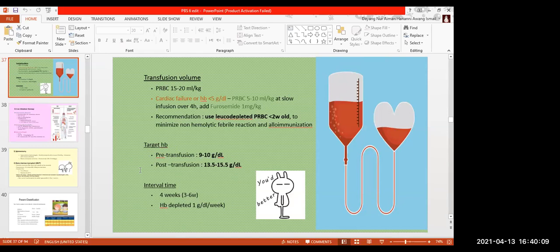So at that time we can also look for symptoms of iron overload.